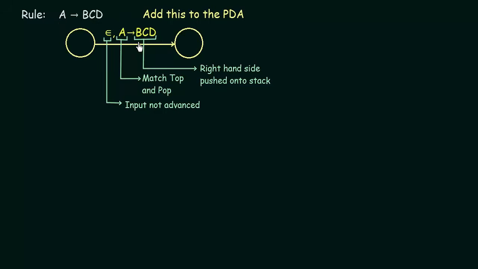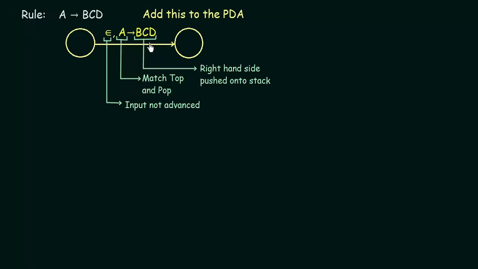Now one thing you must have noticed is that we are pushing three elements B, C, D onto the stack. But you must know that we cannot directly push three elements all at once to the stack. You cannot push more than one element to the stack at one time. You can only push one element at a time.